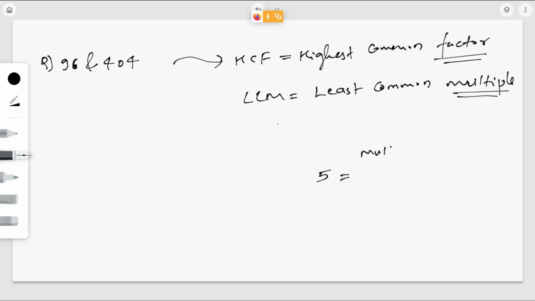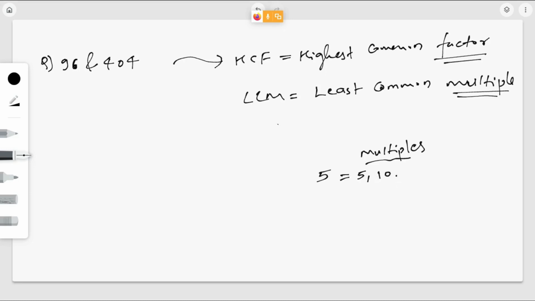So 10, 15, 20, 25. Okay, 5, 10. Multiples means the numbers which come in the table of 5, or the number we obtain when 5 is multiplied with some natural number. When you multiply 5 by some natural number, you will get its multiples.